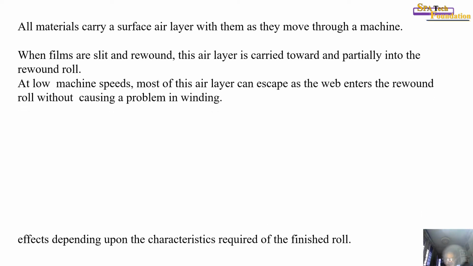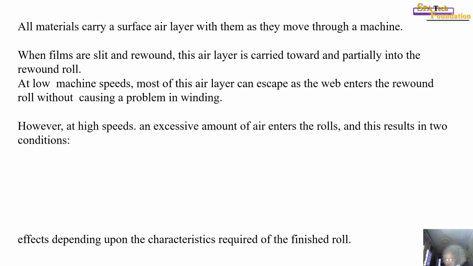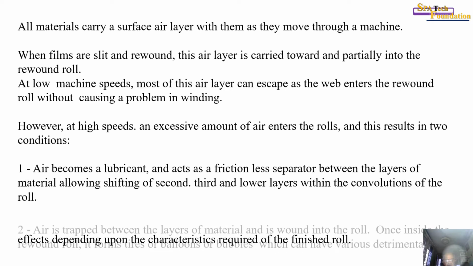At low machine speeds, most of this air layer can escape as the web enters the rewind roll without causing a problem in winding. However, at high speeds, an excessive amount of air enters the roll and this results in two conditions. Number one, air becomes a lubricant and acts as a frictionless separator between the layers of material, allowing shifting of second, third, and lower layers within the convolutions of the roll.